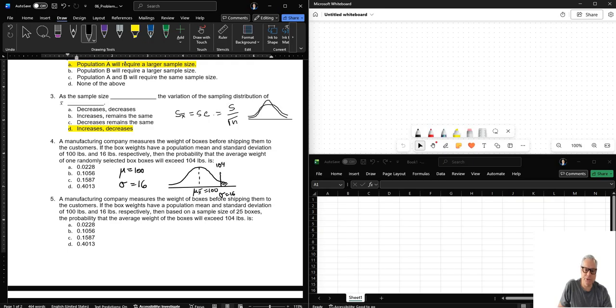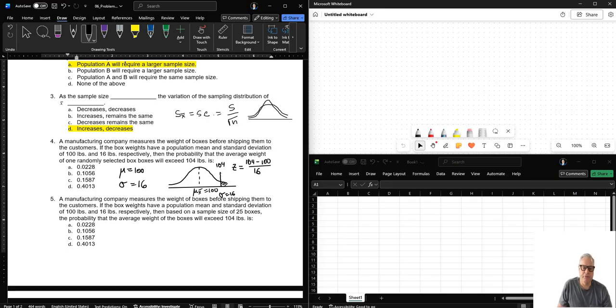So that means we are interested in this area. So now we calculate the z-score. We calculate the z-score because we know the population standard deviation. So we want to know how many standard deviations 104 is away from 100. So we use the formula. We subtract the mean from 104 and divide by the standard deviation of 16.